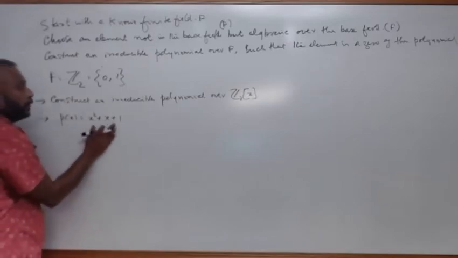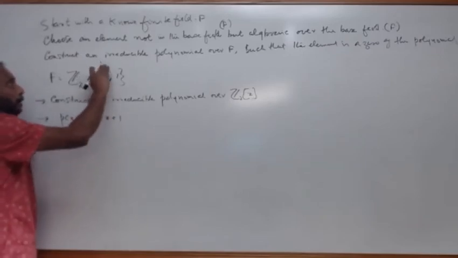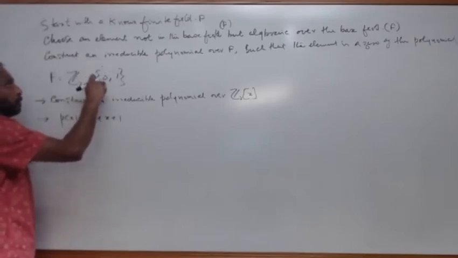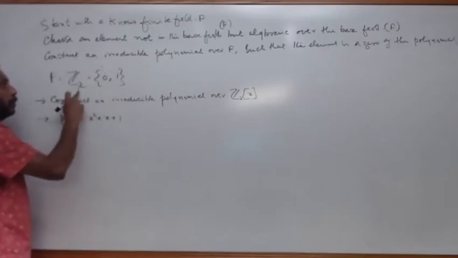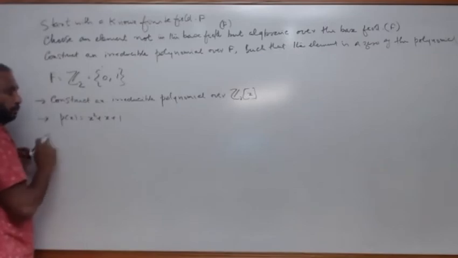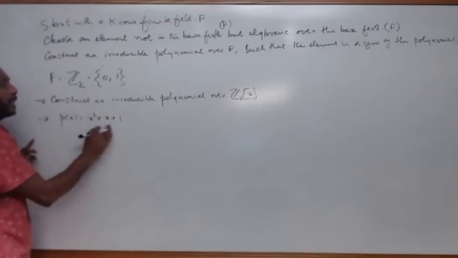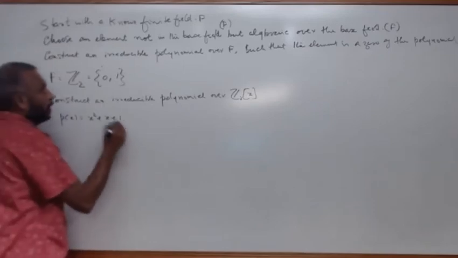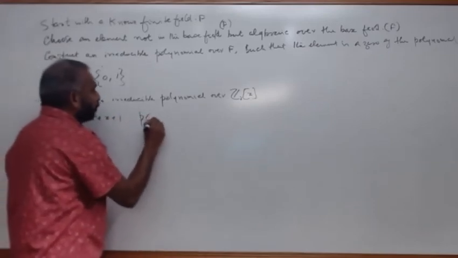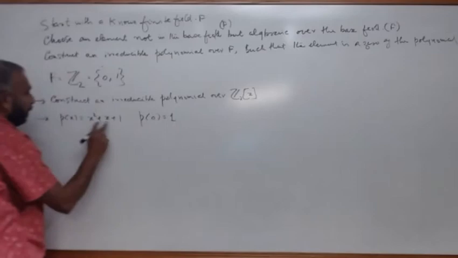If it is a reducible polynomial, then if you substitute the elements from Z2, somewhere you should get a 0. So if you put P(0), that is actually 1.